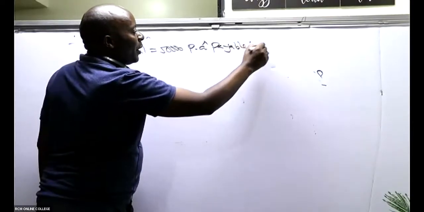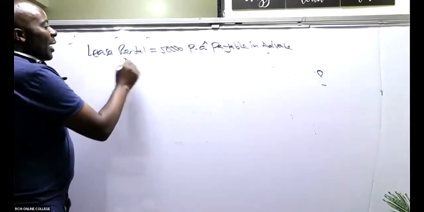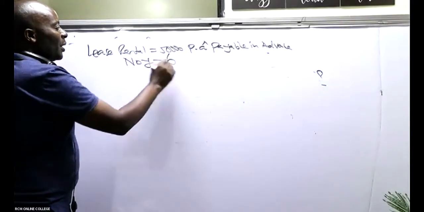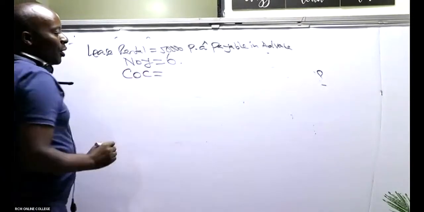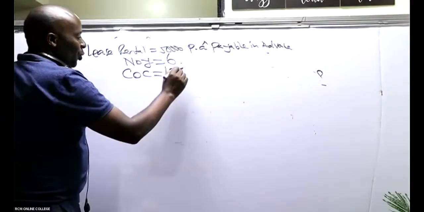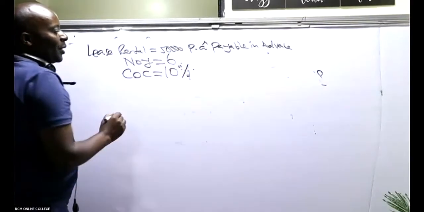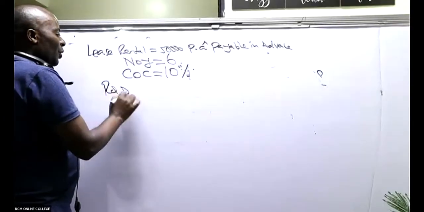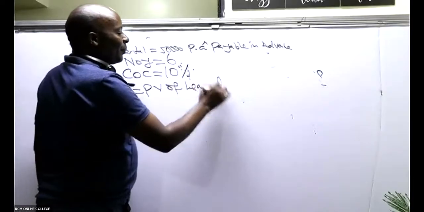The number of years is 6, for example. They'll give you the cost of capital, let's use 10%. And then, of course, you'll be required to give the present value of the lease liability.